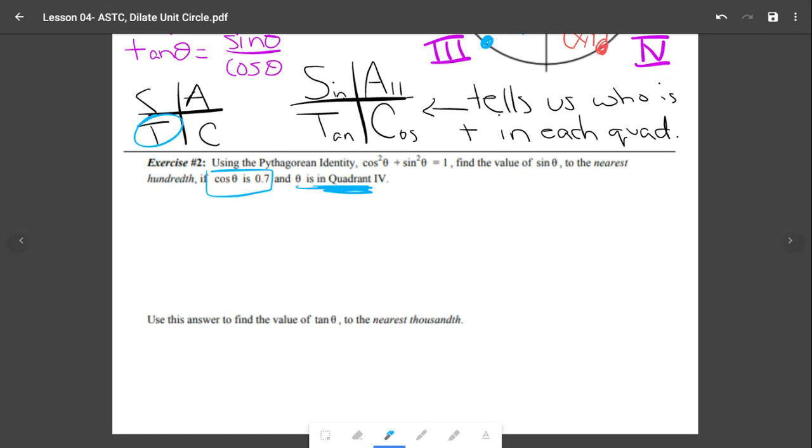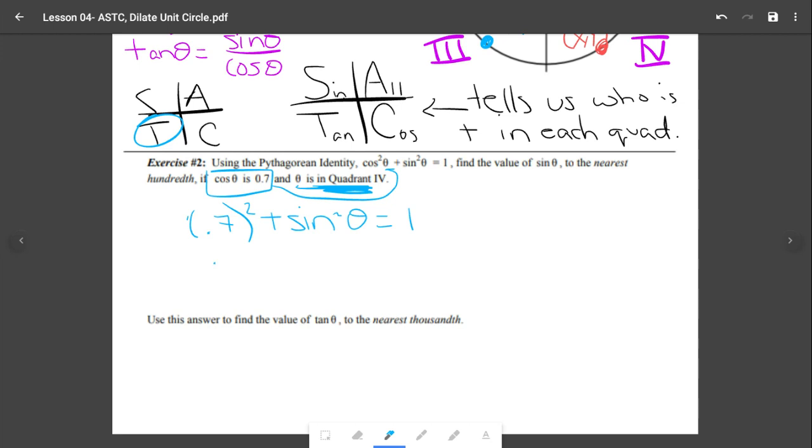We're going to start this the same way we did at the end of lesson 3. Cosine is 0.7. So I'm going to plug that into my Pythagorean identity. Cosine is 0.7. Cosine was being squared in the identity, so 0.7 is going to be squared, plus sine squared, that is what we're going to be solving for, equals 1.